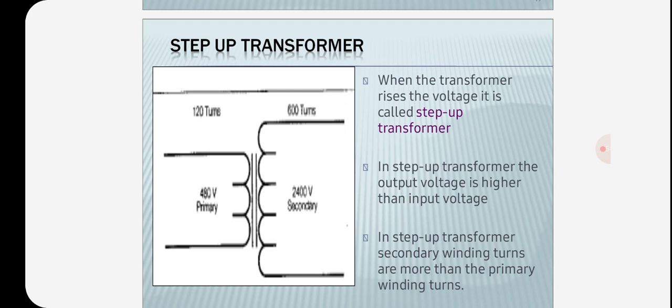In case of a step up transformer, low voltage winding is the primary and high voltage winding is the secondary. But in case of step down transformer, low voltage winding is the secondary and high voltage winding is the primary.